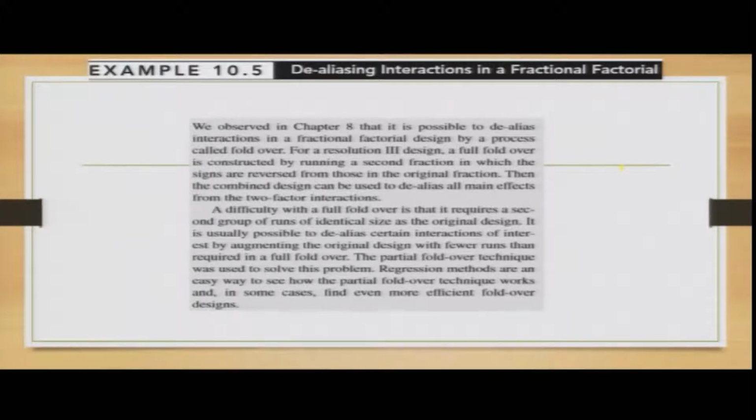A difficulty with a full fold over is that it requires a second group of runs of identical size, but the data size may not allow that because the number of observations we have for the sample is low. It is usually possible to resolve certain interactions of interest by augmenting the original design with fewer runs than required in a full fold over.